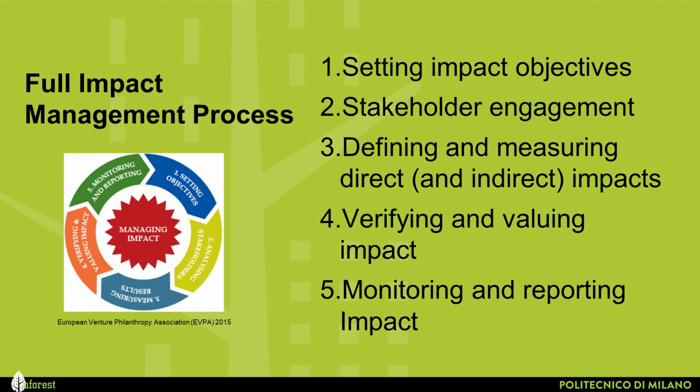How are you going to verify that the impact you believed that you were going to have is actually achieved? And what is the value of that impact? Finally, step 5 is the formal reporting and reflecting on the impact achieved. There's loads more detail in the EVPA report on all of these.